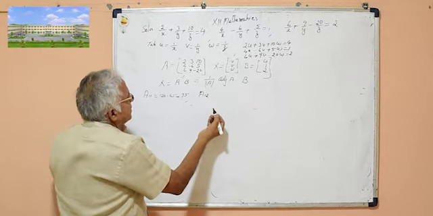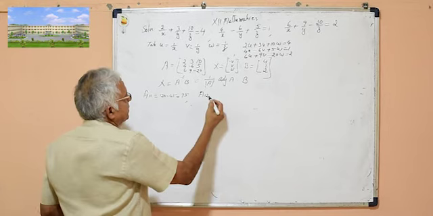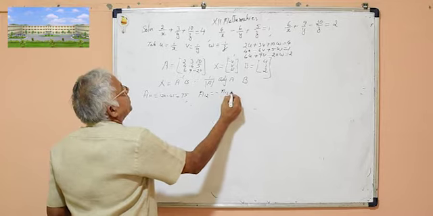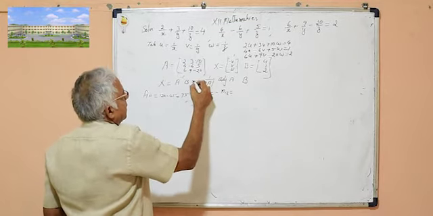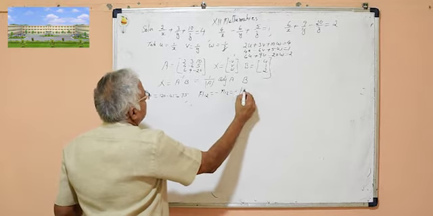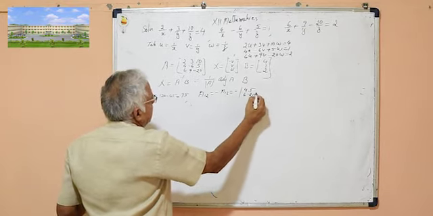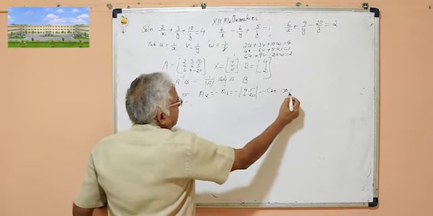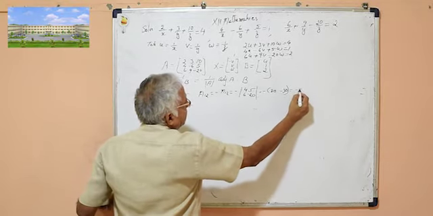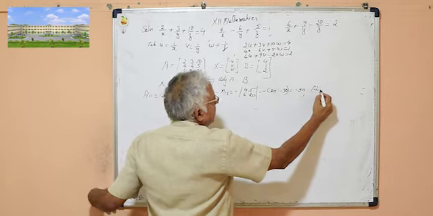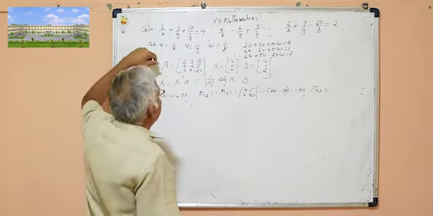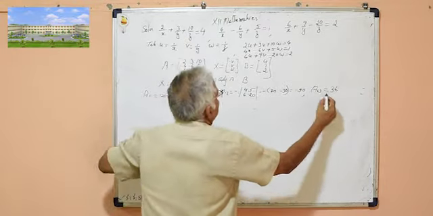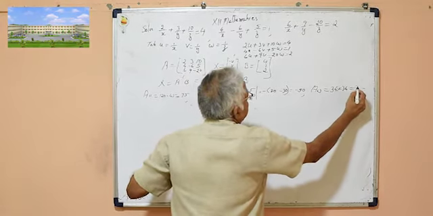A12 is negative M12: delete the first row and second column, giving 4, 5, 6, -20, which is -80 minus 30, so -50. A13 is positive: delete the row and column, 36 plus 36, which is 72.